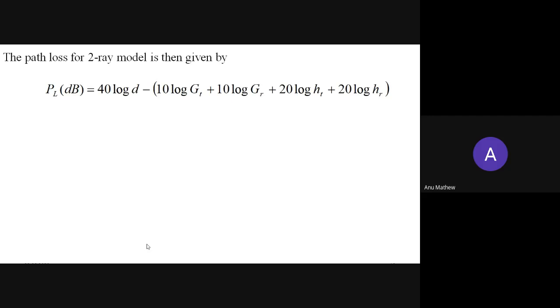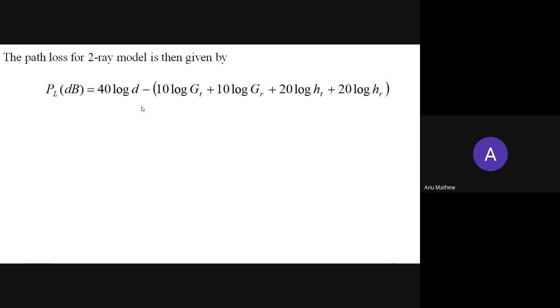So the path loss for the two-ray model is then given by PL, path loss in dB, equal to 40 log d. Path loss is the difference between the transmitted power and received power, in dB. So that is equal to 40 log d minus 10 log GT minus 10 log GR plus 20 log ht plus 20 log hr. That is the path loss in the case of the two-ray reflection model.